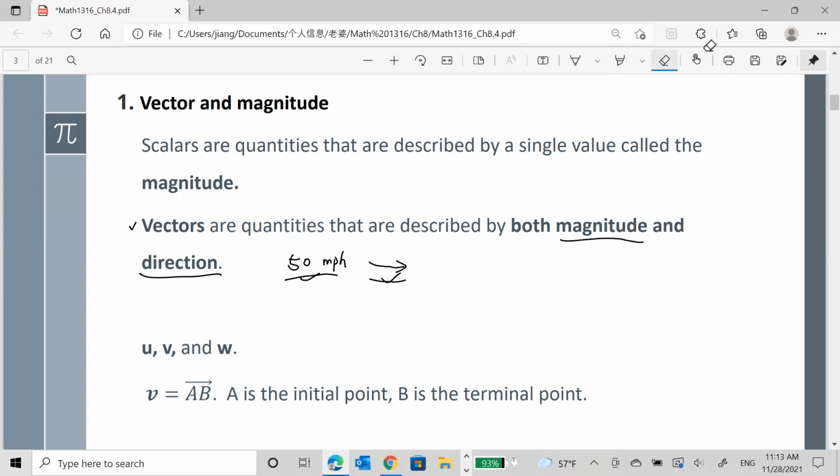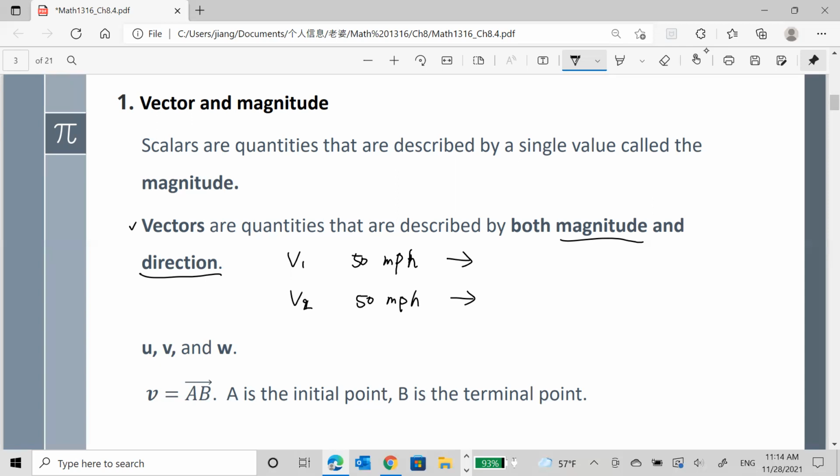And one thing: if I'm driving my car in Houston to the east, and my velocity, for example v sub 1, is 50 miles per hour, and you are driving your car in New York, 50 miles per hour and also to the east, this is your speed.